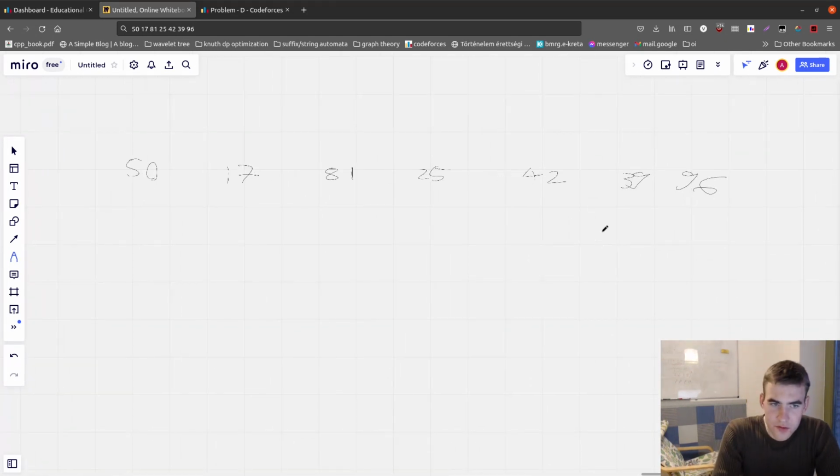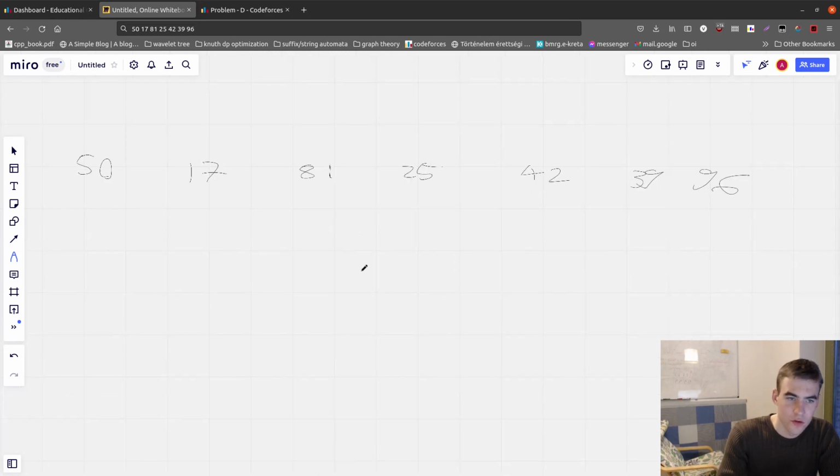We need to prove that it's always optimal to take the last number and remove it or increase the last number in A. It's the same if we try to decrease the numbers in B in the least number of moves.